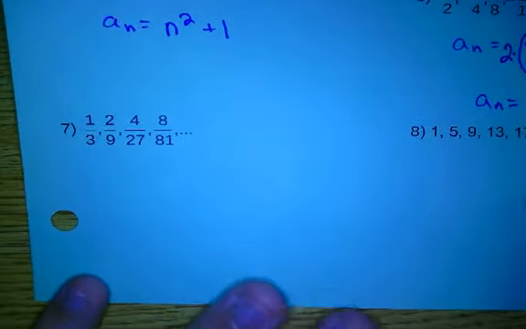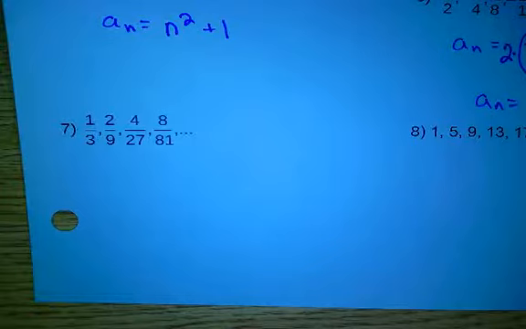All right. Try 7. It's kind of like 6. Are any of these going to be like the one where you're given the first value and then the next one is based off of the first?